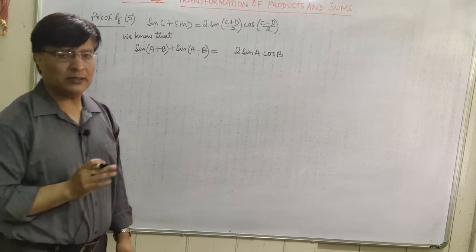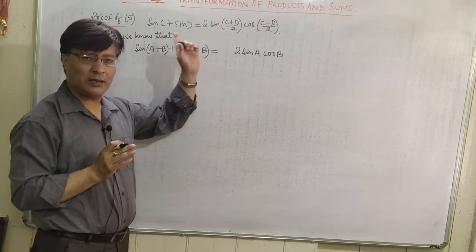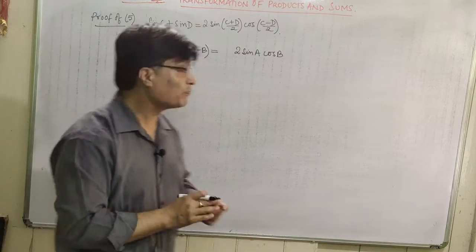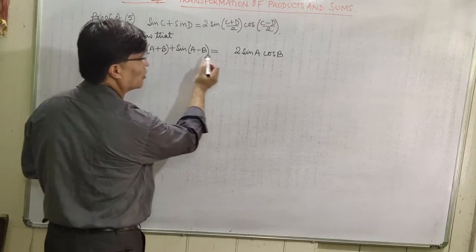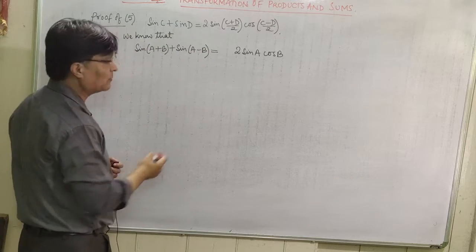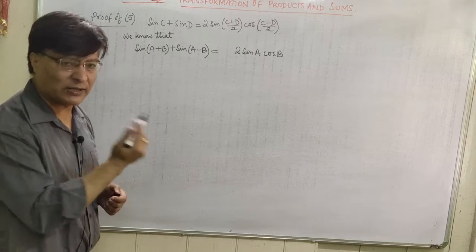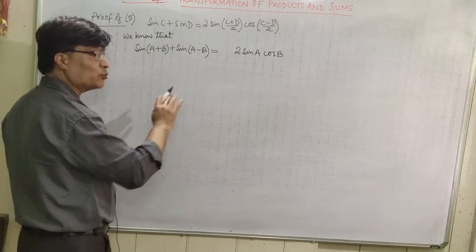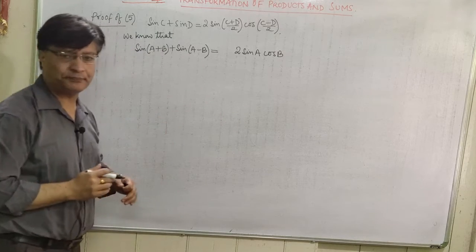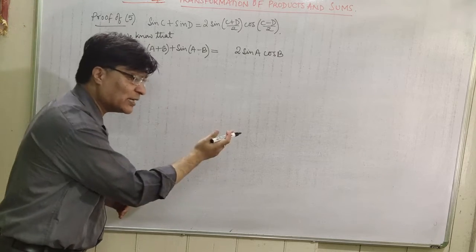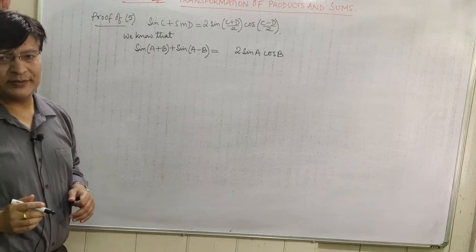So we have written this expression. This expression was on the right hand side in the formula, isn't it? And this 2 sin A cos B was written on the left hand side in the formula. So in this case, we have exchanged their sides. That is, left hand side is taken to the right hand side and the right hand side is taken to the left hand side. Okay?